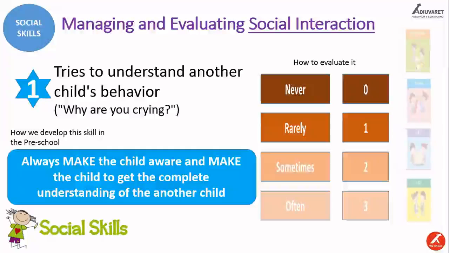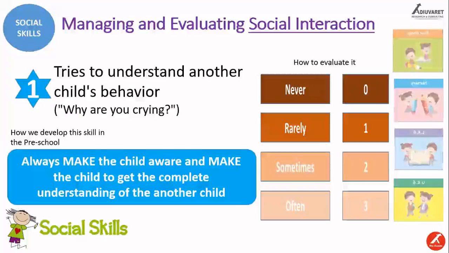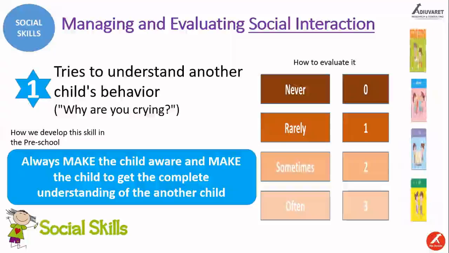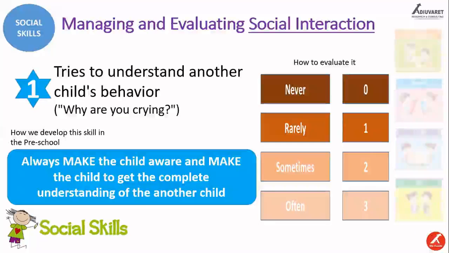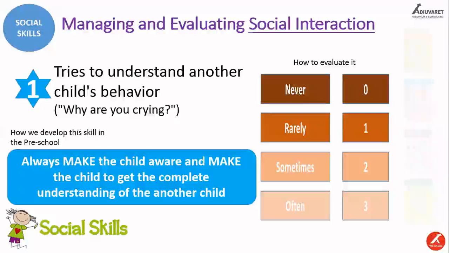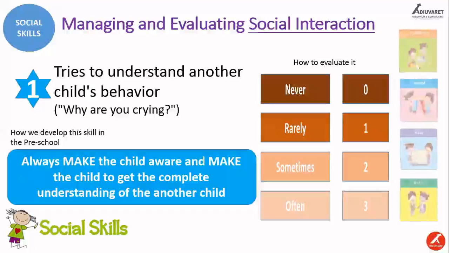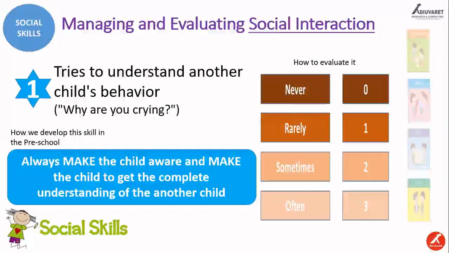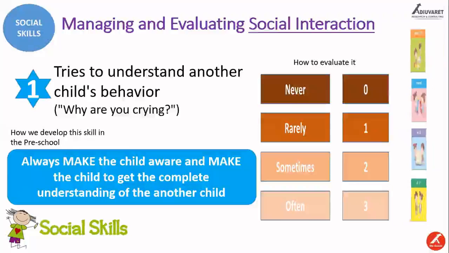And in that case, we'll do a lot of work with the child to make sure the child understands and inquires so that social interaction increases. Accordingly, if sometimes the child does, then we'll assign a score of 2. If most of the time the child is really looking at other children about their behavior and trying to understand that, then we'll assign a score of 3. So it is very easy from the perspective of developing this skill as well as evaluating it.